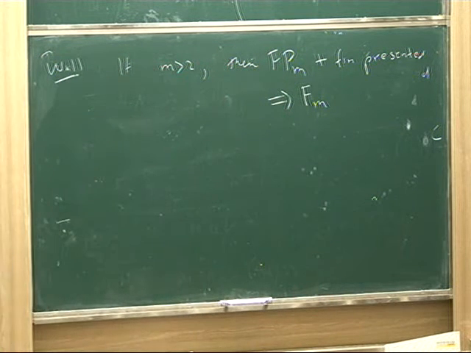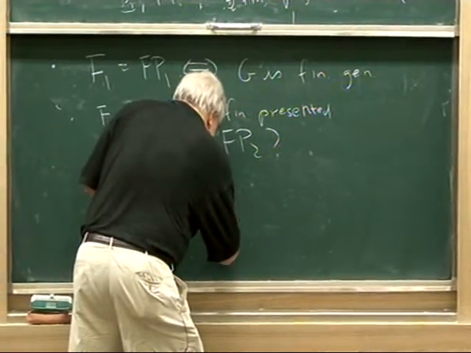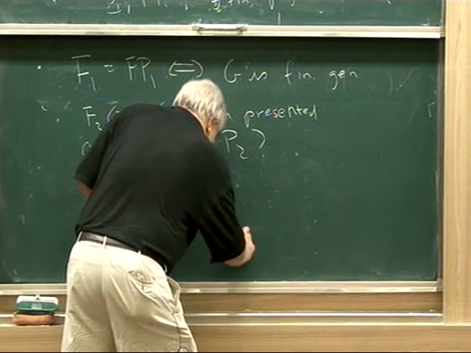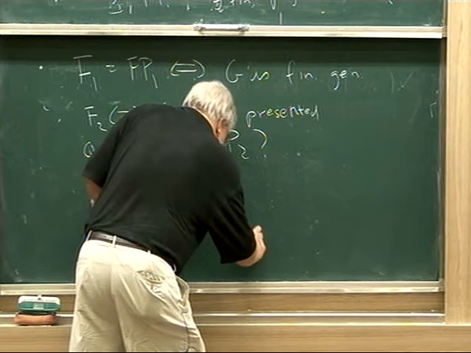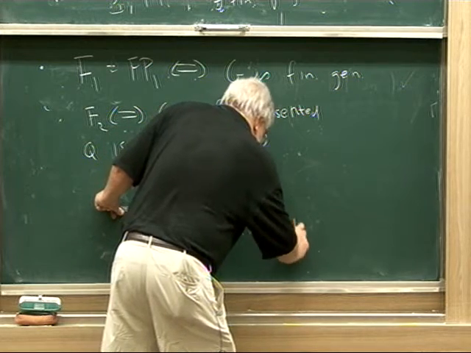If not, Serre uses terminology. If you write FL, L stands for free. It's French, libre. This means free ZG modules instead of projective.